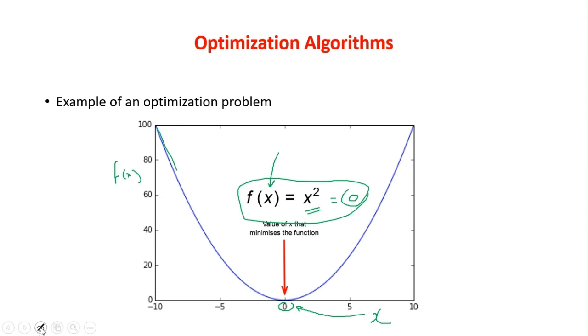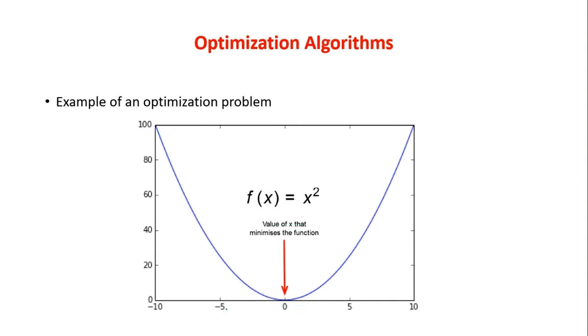Now for all other values of x, what will be the function output? Say for minus 5, minus 5 squared is 25, so the function output is 25. Similarly, for all other values, you will get a function output greater than 0. So the minimum value of the function is 0, which we get for x equal to 0.